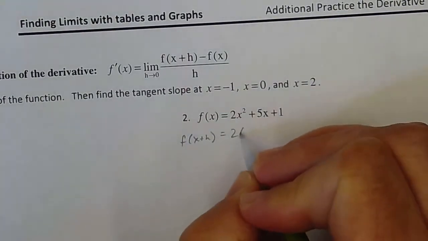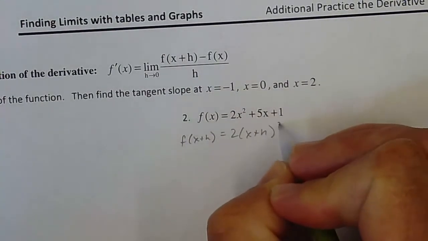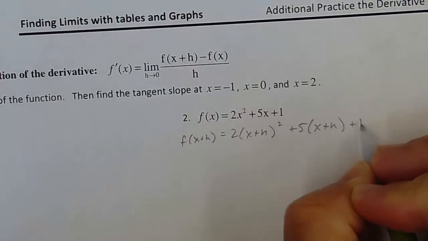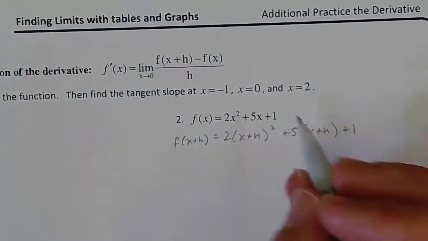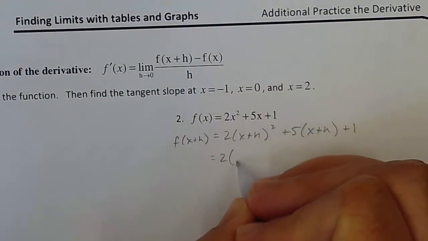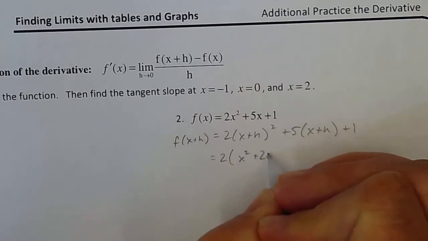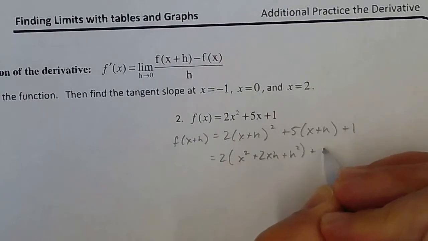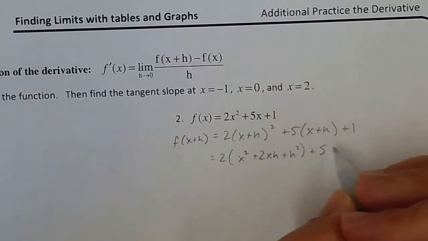So we have 2 times x plus h squared plus 5 times x plus h. Squaring x plus h, we have that from before. It's x squared plus 2 times xh plus h squared. Now it's just time to distribute this 5 and distribute the 2.